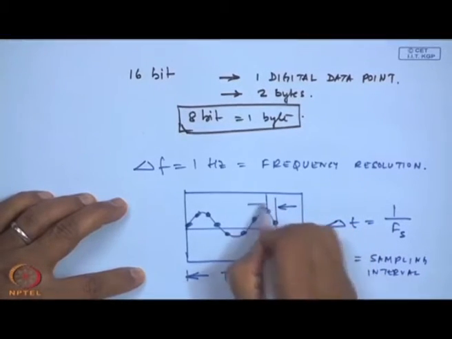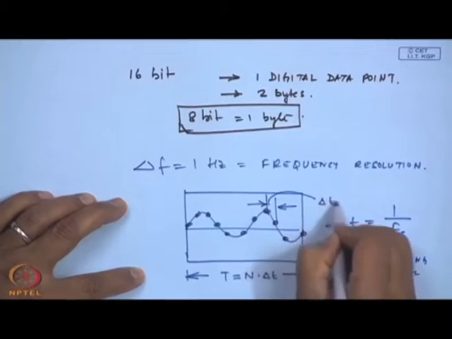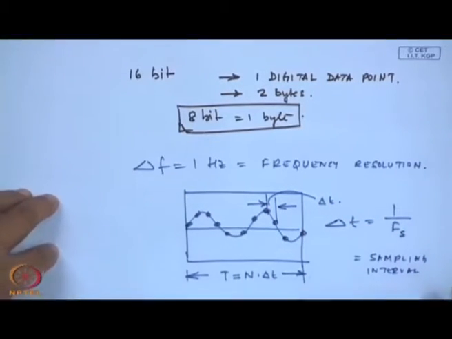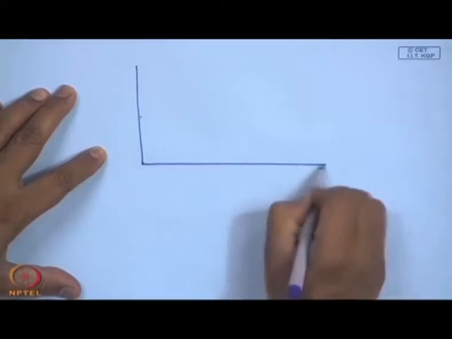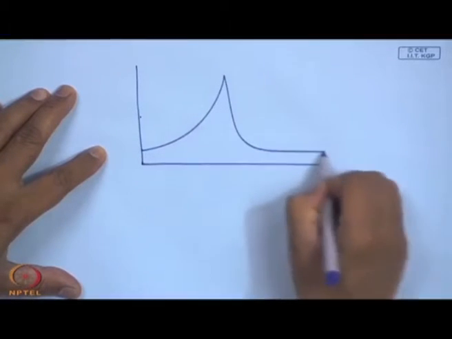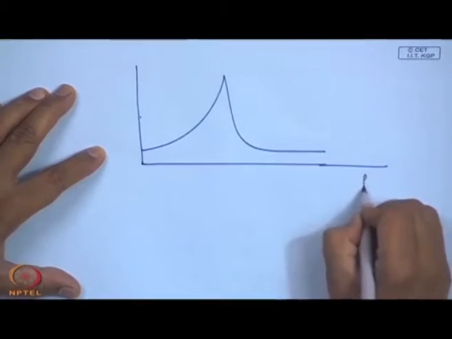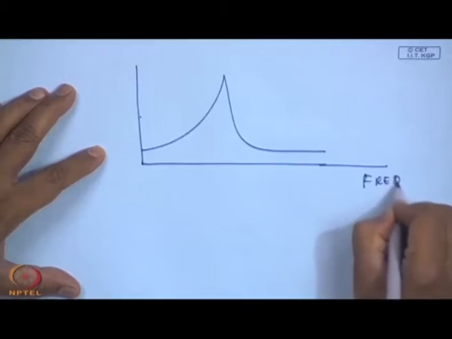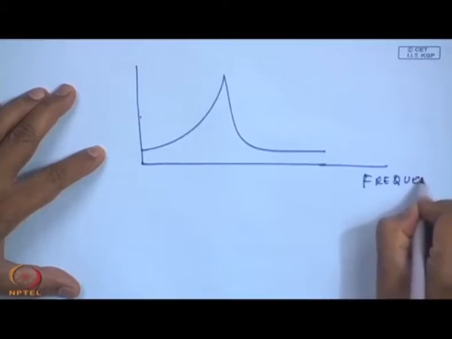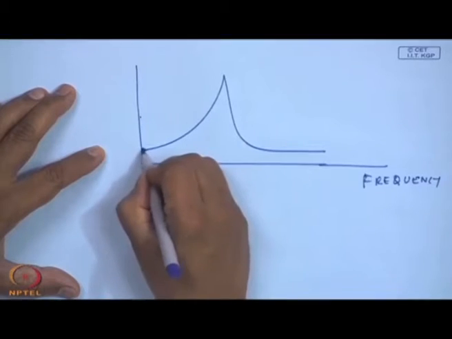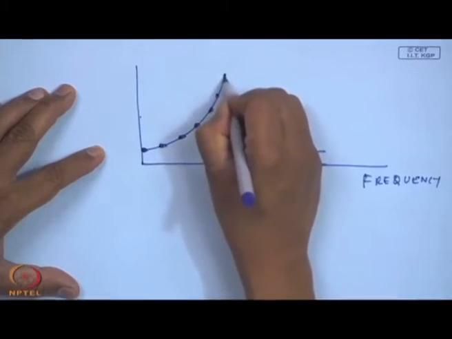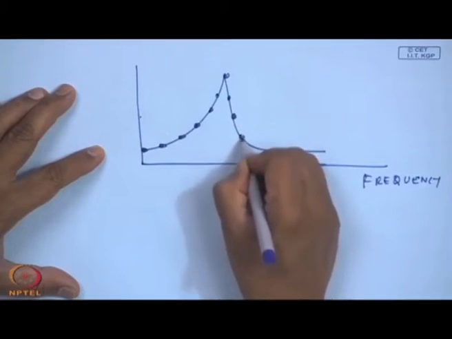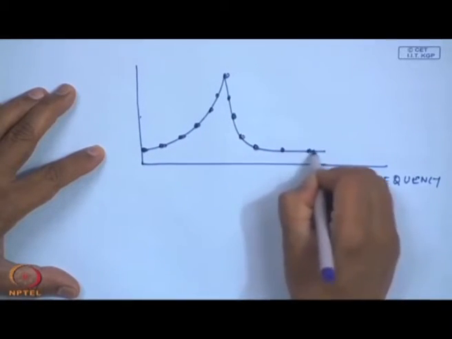In the frequency spectrum, because this is a pure tone, we get certain digital values and then we join them.